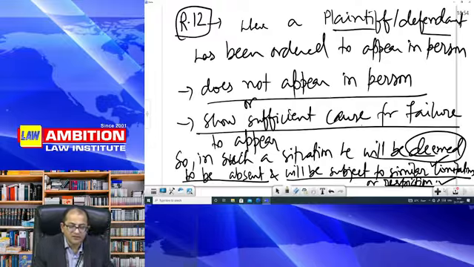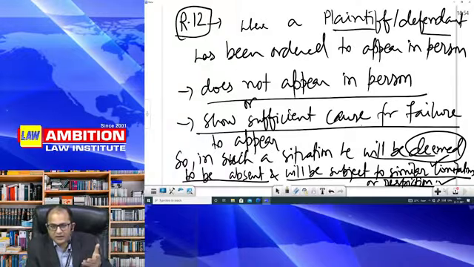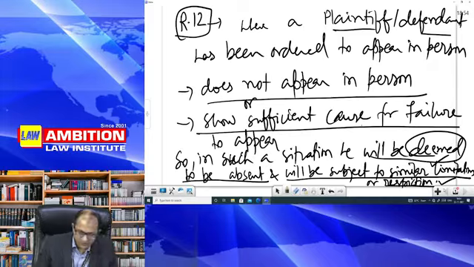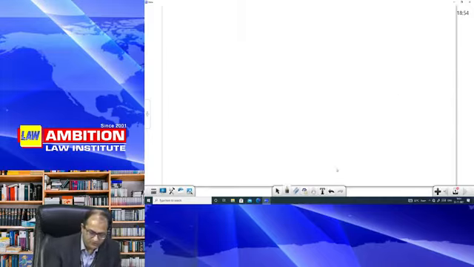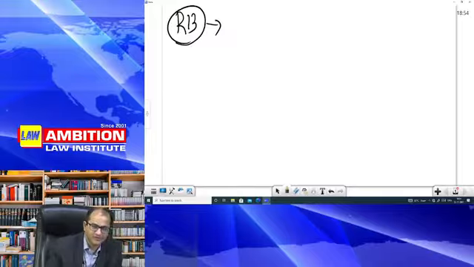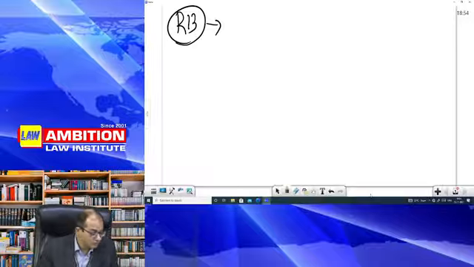So now it is the right of the defendant to ask the court to set aside the ex parte decree, and the defendant can show the sufficient reason for that. So you write down, Rule 13 is very, very important. You can have a question on this. Rule 12 was not important, Rule 11 is not so important, but Rule 13 is very, very important.